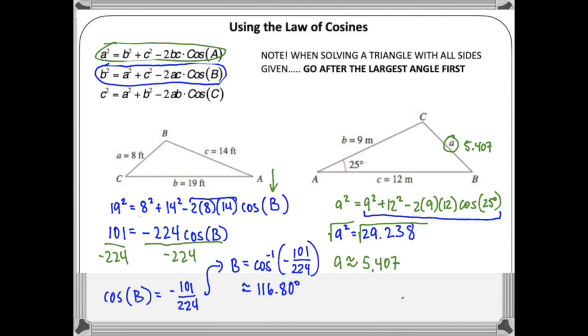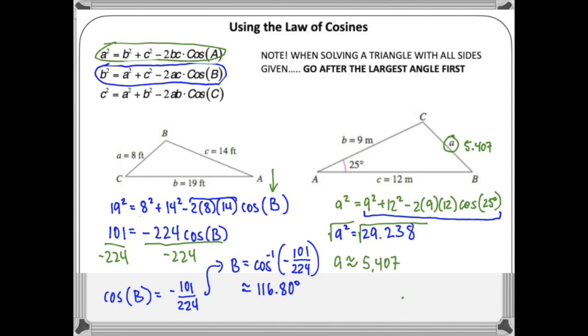And notice that, even in both these examples, if you wanted to go on and find out what the other angles are, you can do so using the law of sines after that. If you feel like the law of cosines is a bit too laborious, then you can switch back and forth to the law of sines, so long as you have an angle and an opposite side, and then you can solve for the other angles.